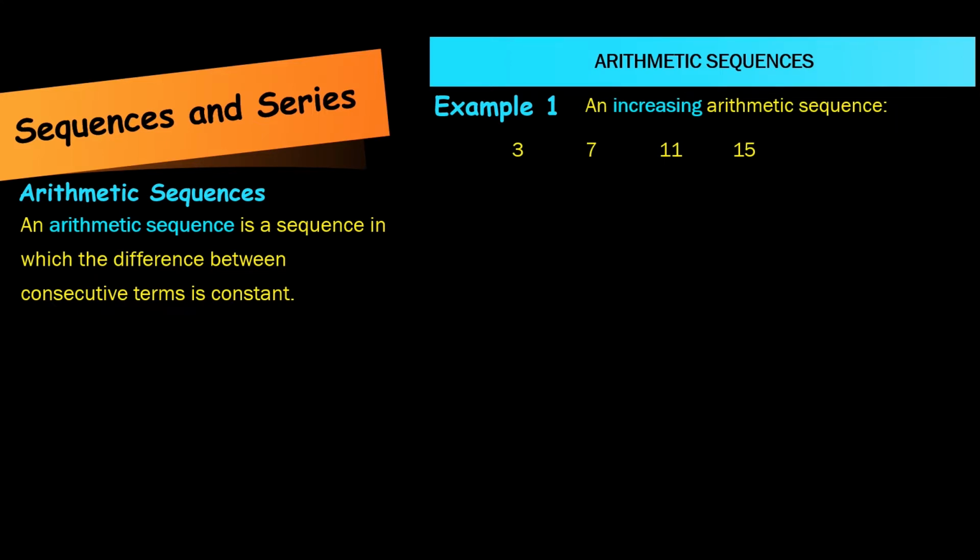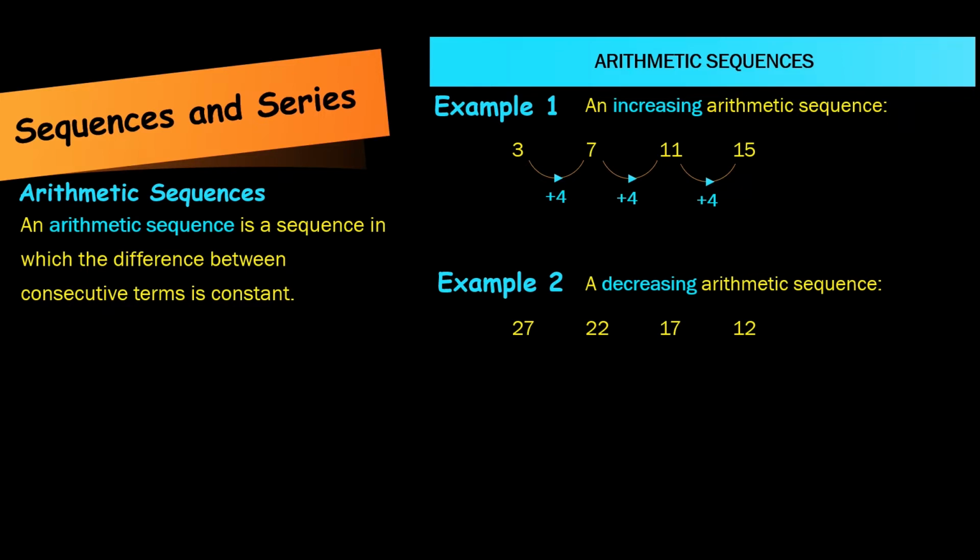An increasing arithmetic sequence example can take the form 3, 7, 11, 15, because notice that this is increasing by the same constant. We're adding 4 each time as shown. Now let's take a look at another example.